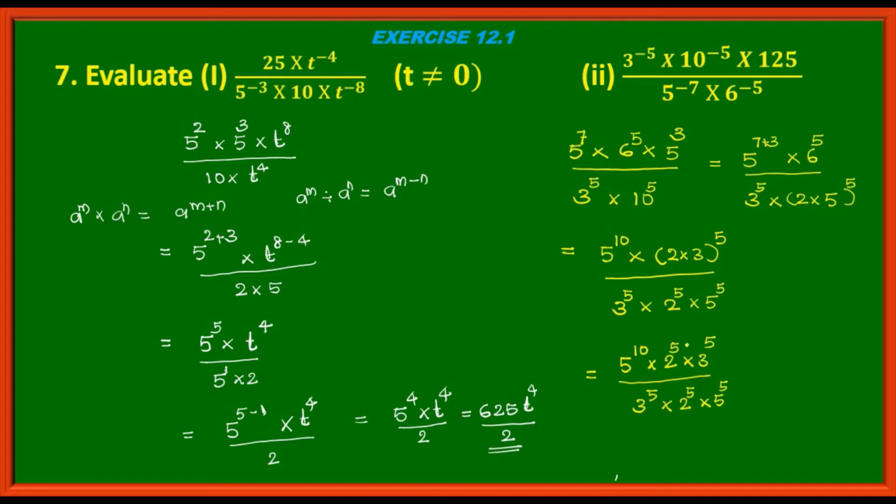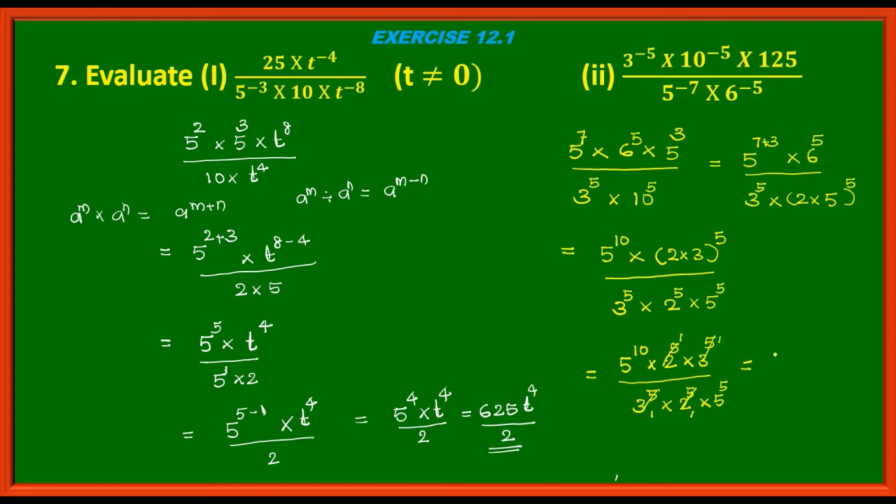See, 2 raised to 5 and 2 raised to 5 we can cancel. 3 raised to 5 and 3 raised to 5 we can cancel. Otherwise, you can use the law of exponent: 2 raised to 5 divided by 2 raised to 5 becomes 2 raised to 5 minus 5, that is 2 raised to 0, which is 1. Anyway, we get 1. Same divided by same, the answer is 1.